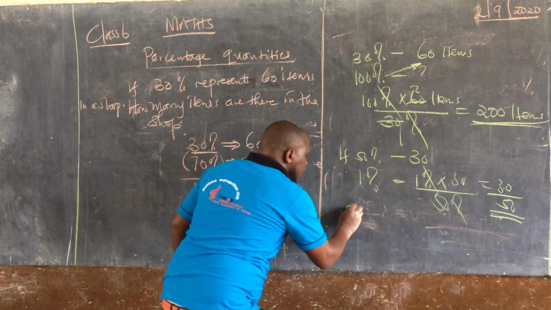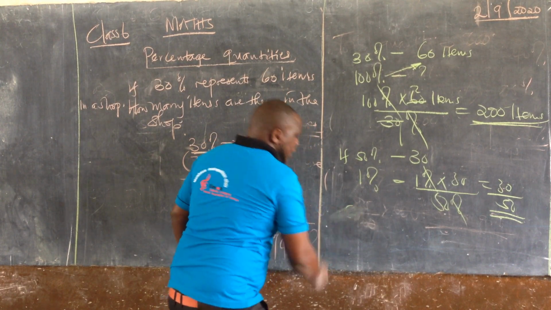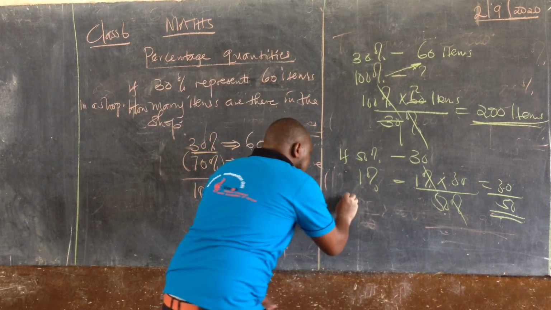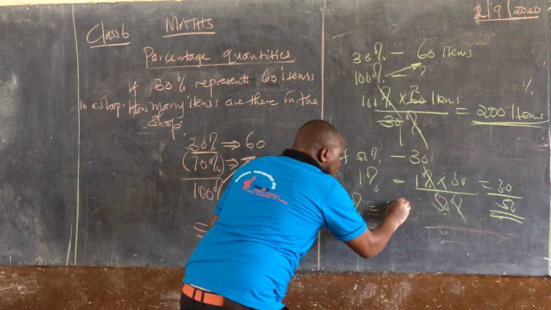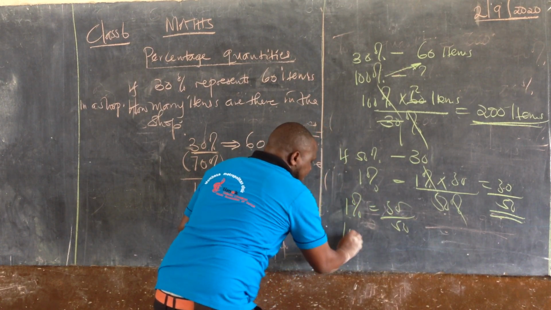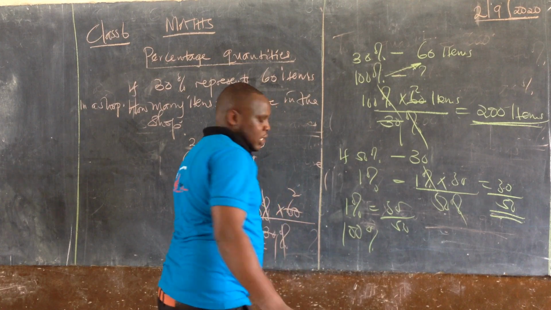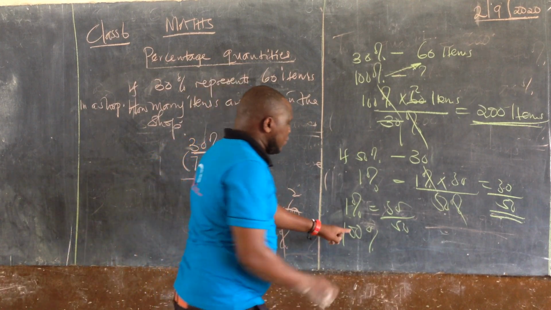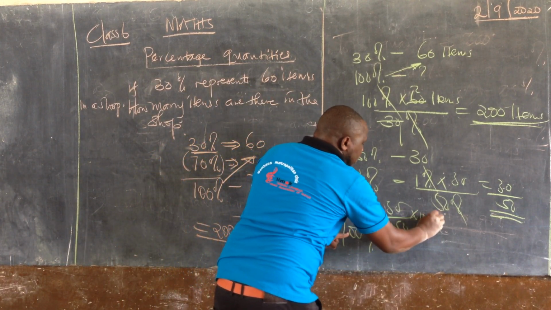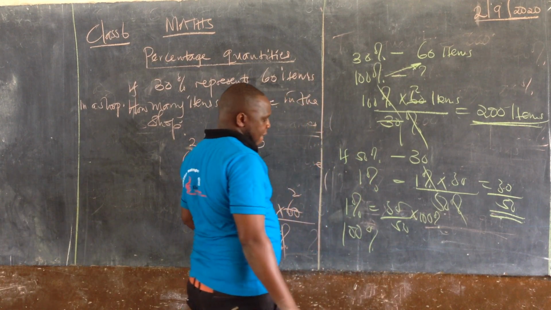So if 1% is 30 out of 50, what about 100%? You simply multiply this with 100% to get what 100% is.